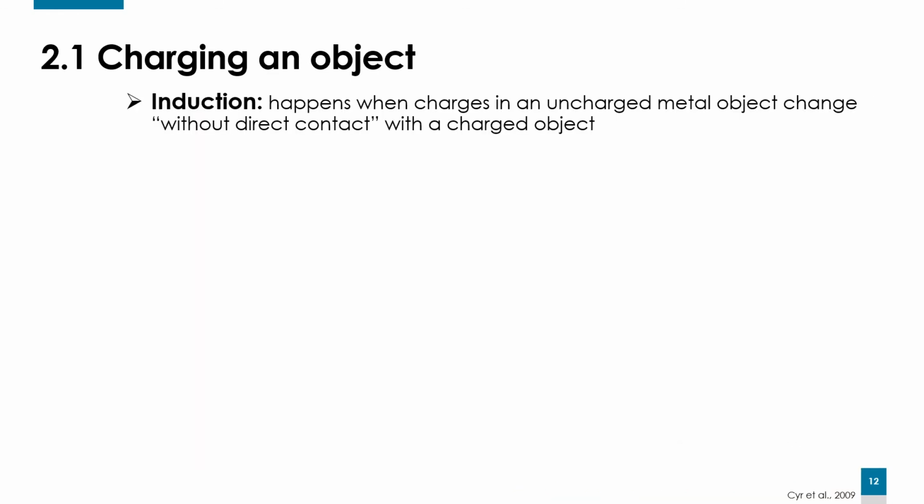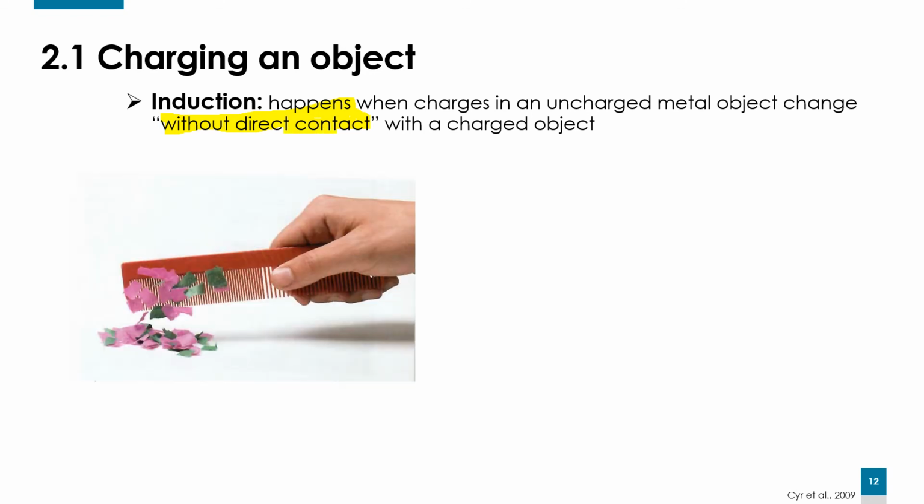The last one is induction. It happens when charge in an uncharged metal object changes without direct contact. So different from the previous two, friction and contact, I don't have direct contact. An example is when you have a comb and pieces of paper. Have you ever tried this? You can take a comb and rub it in your hair and then try to bring it to some pieces of paper to see what happens.